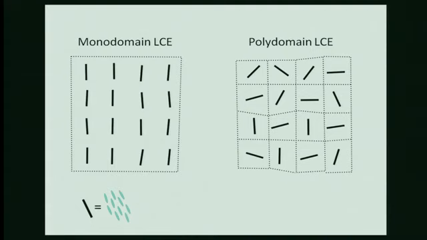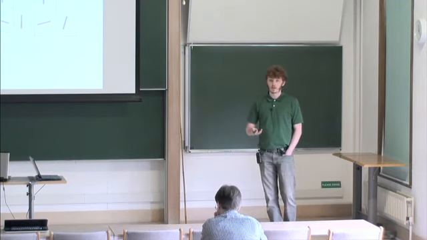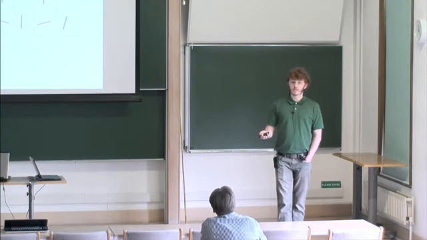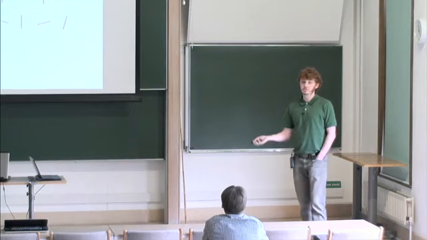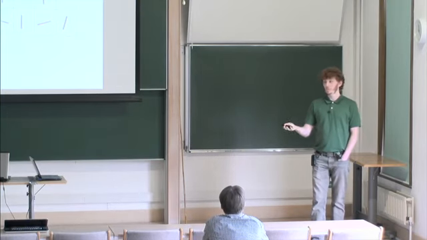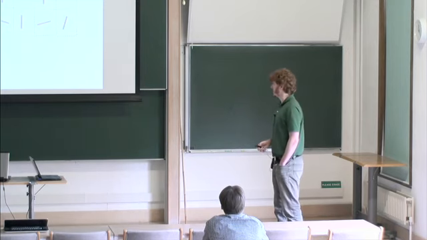Variation of the director in an elastomer often occurs at length scales of microns, so that can be seen with light. Light scattering can be used as a technique to probe some structure of the elastomers.